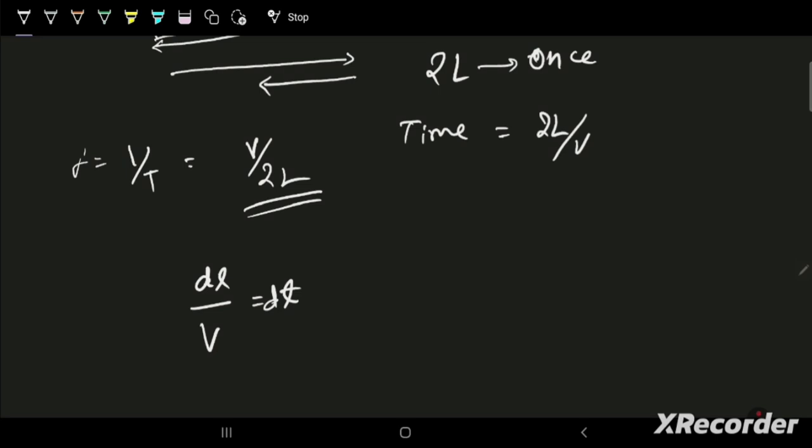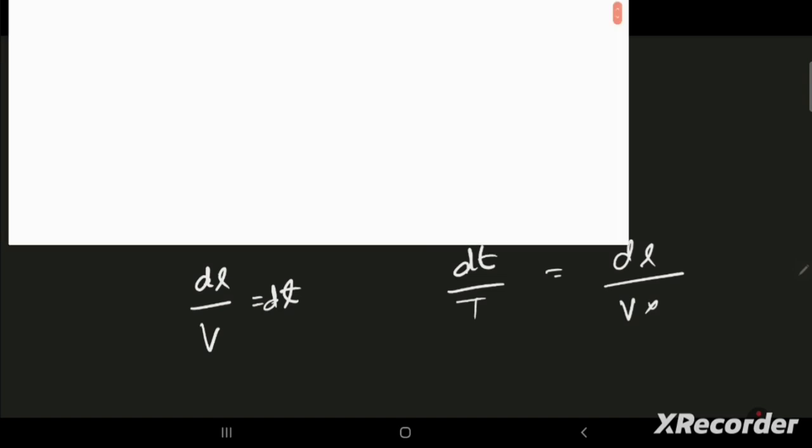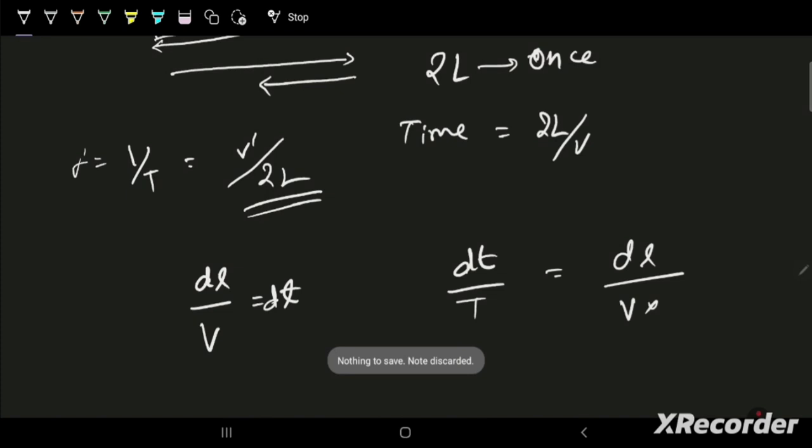Now how many collisions take place in this time? The number of collisions is dt by capital T, which will come out to be dl by V into v dash by 2L, where v dash is the velocity of the particle. So this is the number of collisions.